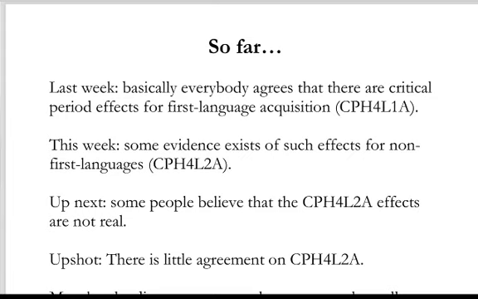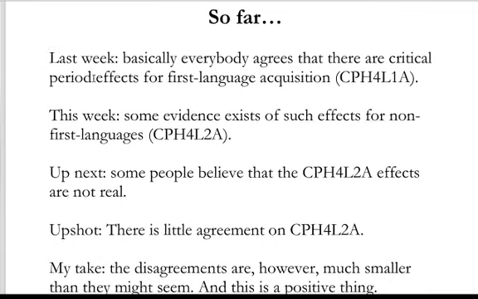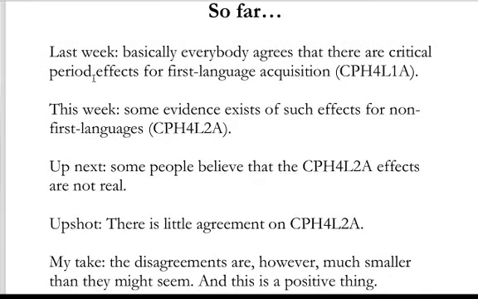What we're going to hear about today is a bunch of counter evidence. There are a lot of people who think that this critical period evidence for second language acquisition, that these effects, are basically not real. One thing you see in this literature is that there's not much agreement on whether or not there are critical periods for second language acquisition.